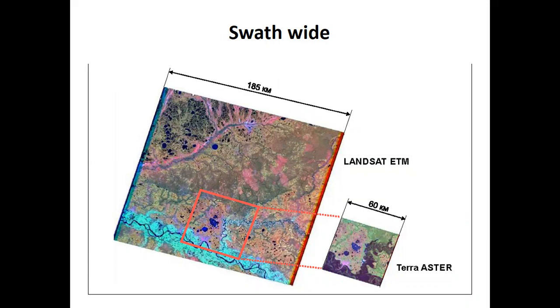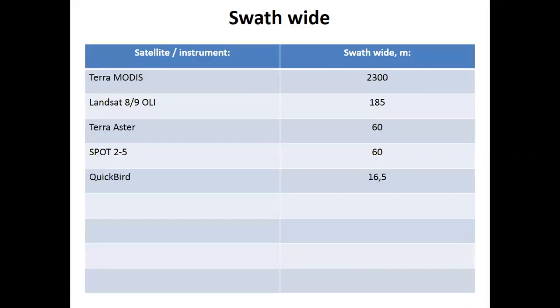Landsat images are to some extent unique in that they have a pretty wide swath, a pretty wide stripe, as wide as 185 kilometers. So you could cover a pretty large area at once, without using many images together to map the large area.